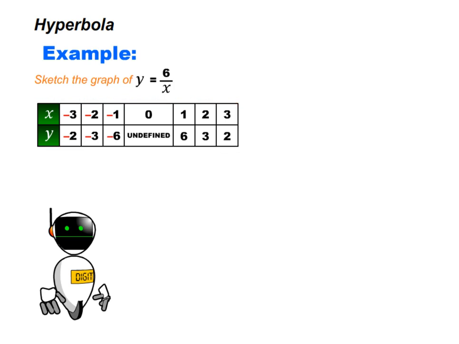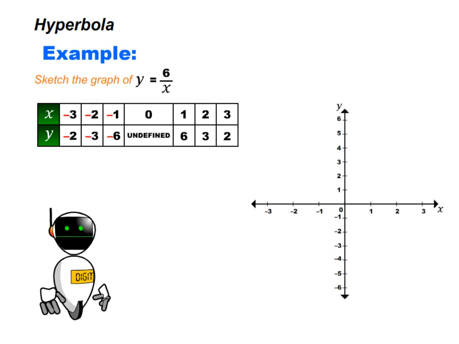Let us draw a Cartesian plane with x values from negative 3 to positive 3 and the y values from negative 6 to positive 6. Look at the Cartesian plane. Look at the table again. This point is x is equal to negative 3 and y is equal to negative 2.